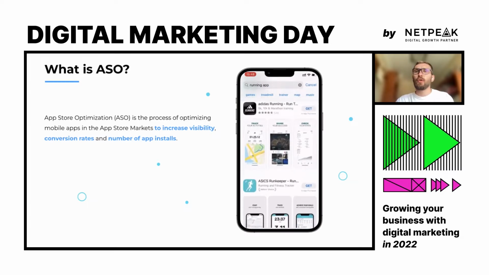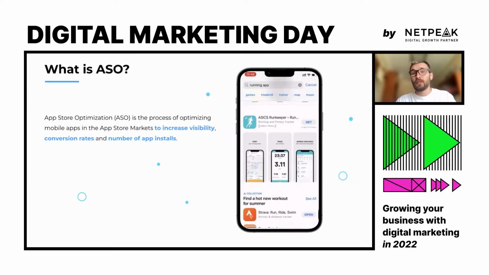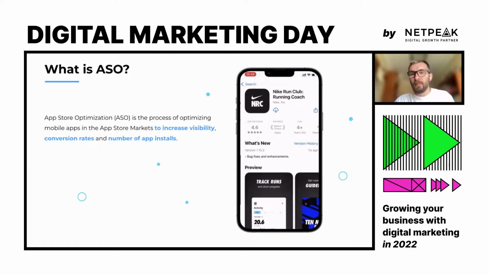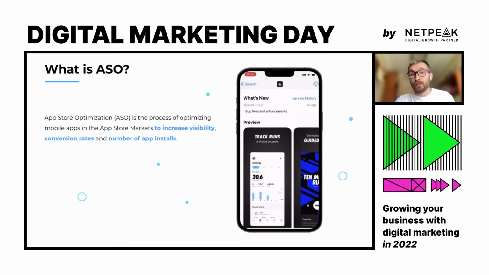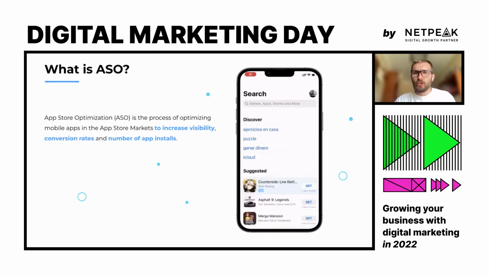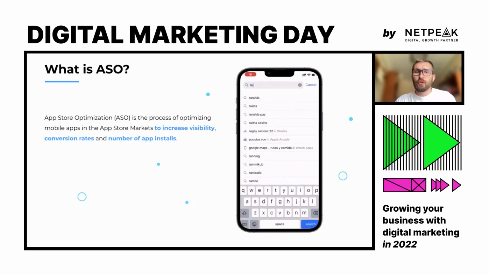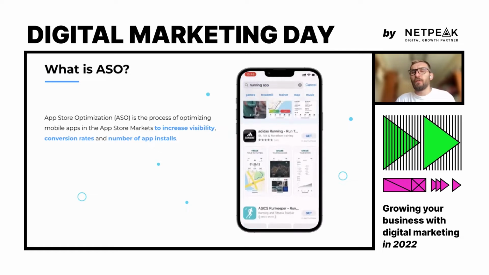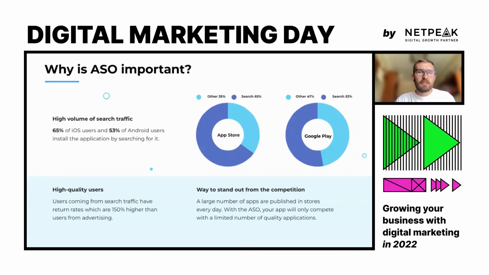The combination of high visibility and high conversion rate will give you a big amount of installations, which is the goal for all applications. We just need to work with some product page elements to increase your app visibility.